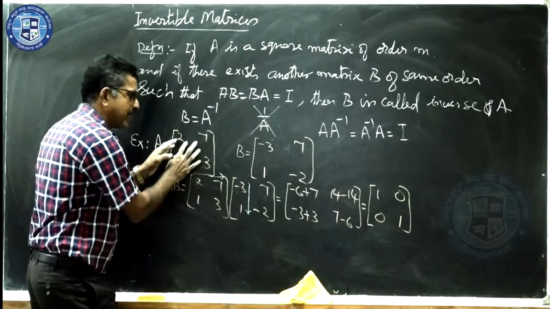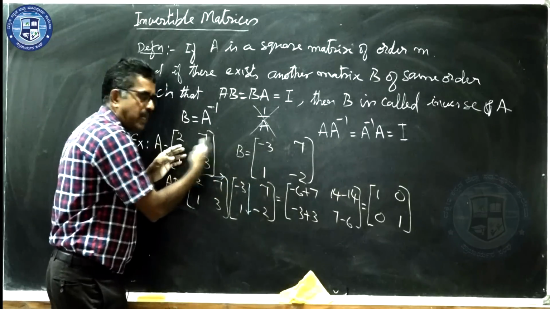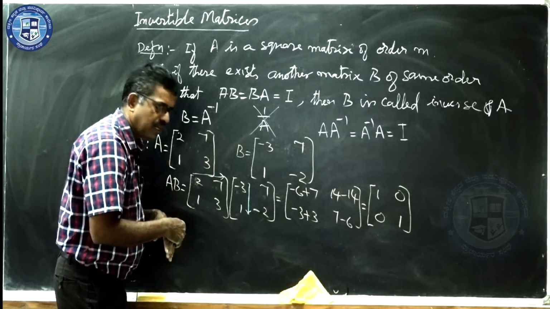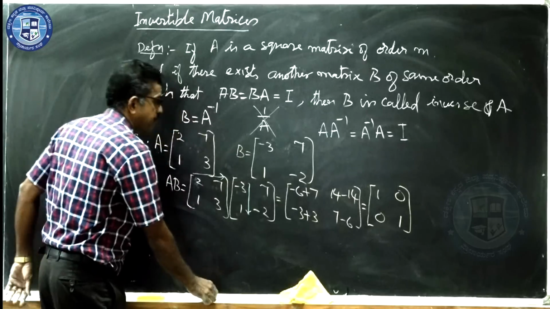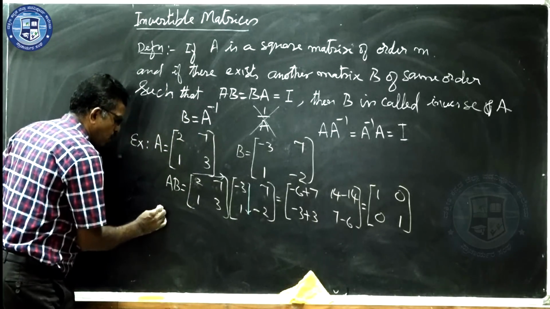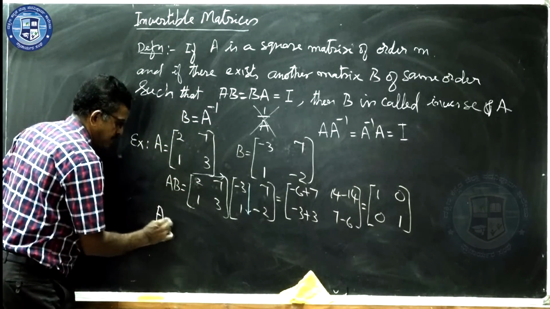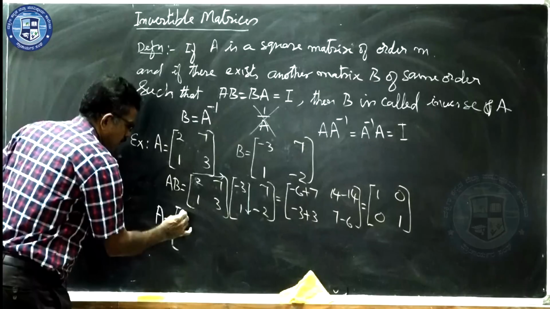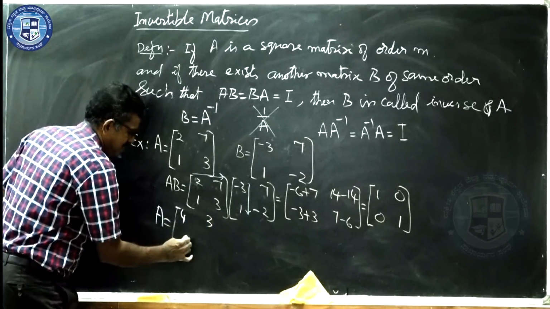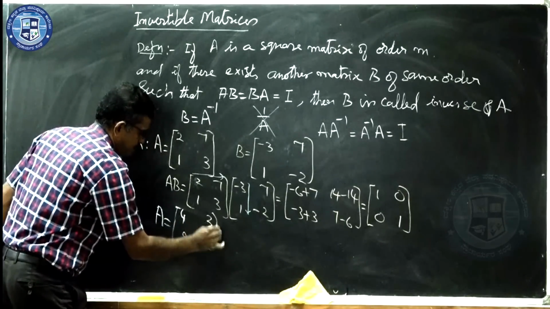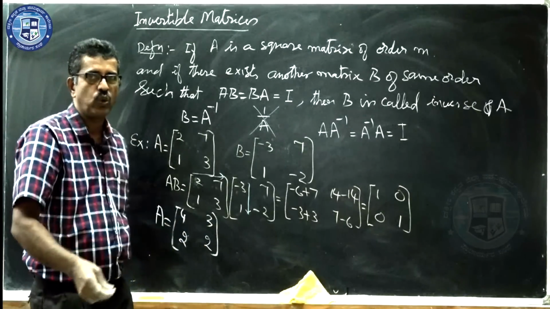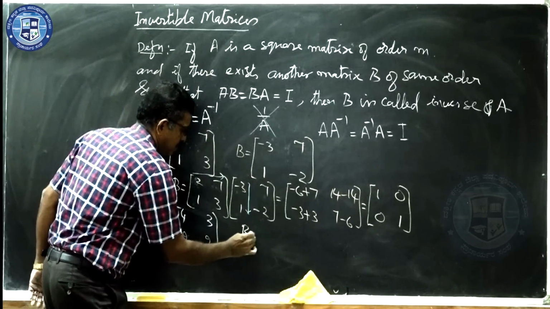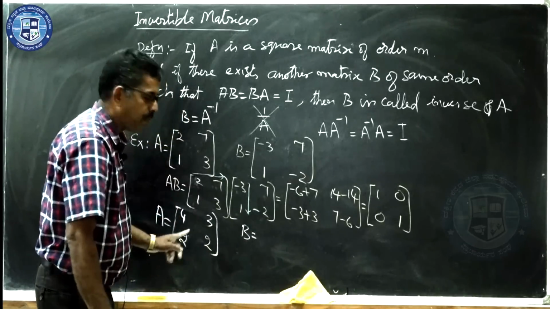Are you going to connect the elements like this? Just observe the elements of B and A, how they are connected. So I will give you another example; you decide what would be its inverse. Suppose I take the matrix 4, 3, 2, 2. What do you think of the other matrix B? Can you please tell what would be B?